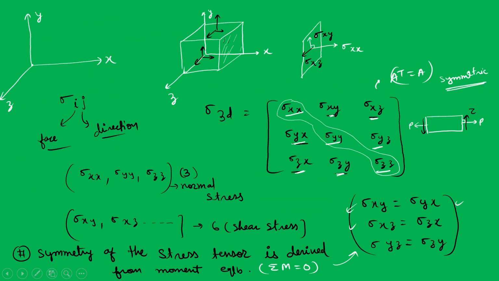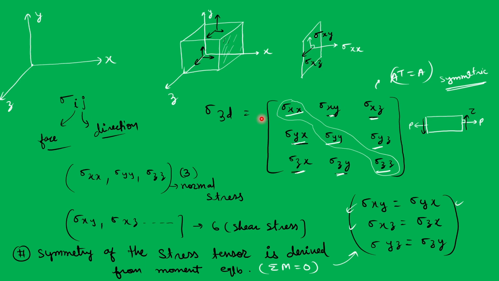And then we have seen the stress tensor. I represents the phase and J represents the direction, and then we have seen three normal stresses: sigma xx, sigma yy, sigma zz, and then we have sigma xy, sigma xz, sigma yx, sigma yz, sigma zx, sigma zy, and all.